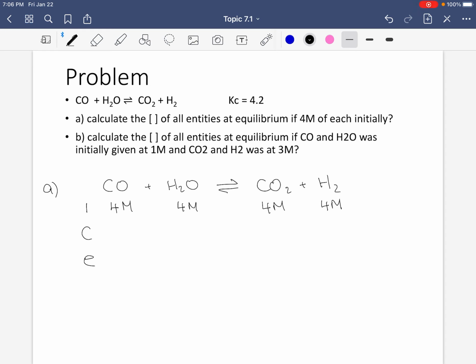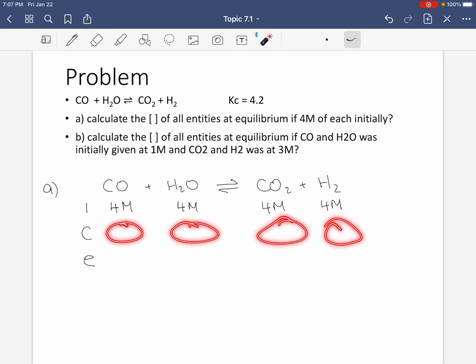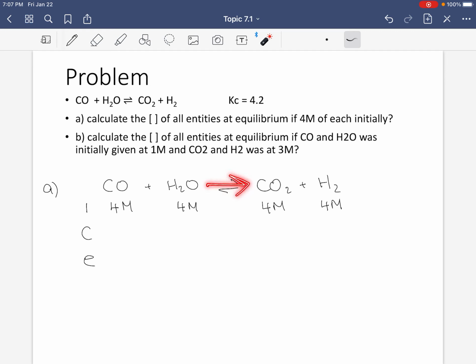Now, here's the problem. We don't know if this reaction is going forward or going backwards. You may be thinking, does it matter if you're looking for the next line? Totally matters. Because if the reaction is going forward, it'll be like what we were doing before: negative x, positive x, positive x.